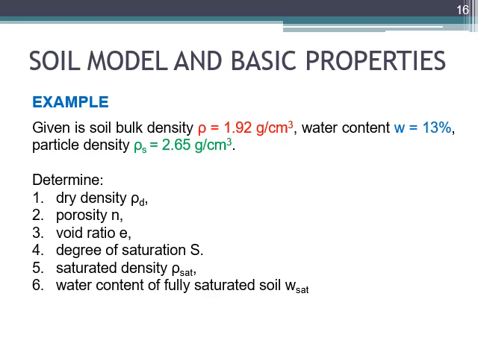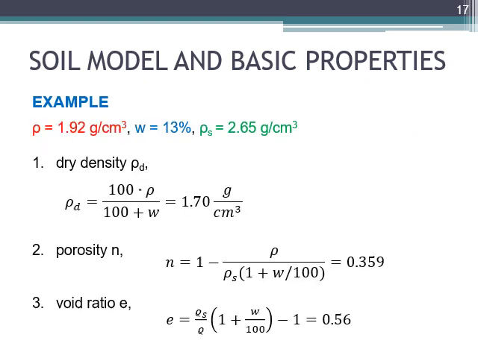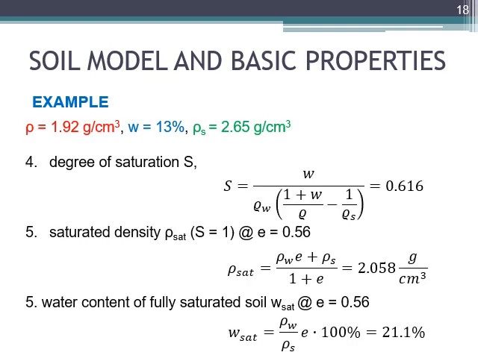What is the solution here? Well, the dry density can be calculated with the formula that I was mentioning before. It equals 1.7 grams per cubic centimeter, porosity 0.359, void ratio 0.56. The degree of saturation will equal around 0.6.